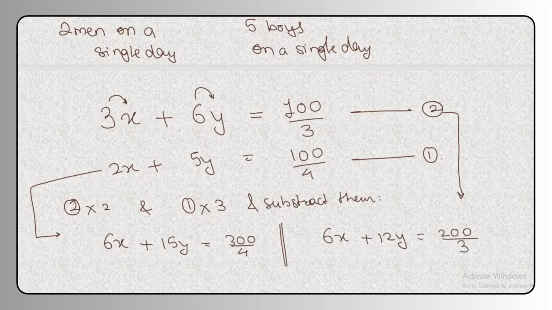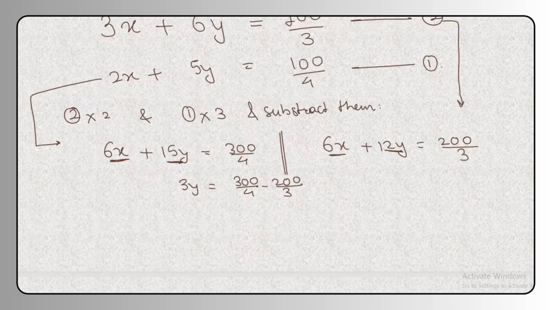The reason that I've done this is to get 6x and 6x common here, which can be eliminated after subtraction. So after subtracting these two, I'll get 15 minus 12, so that becomes 3y is equal to 300 upon 4 minus 200 upon 3. Right. Let's just simplify this further.